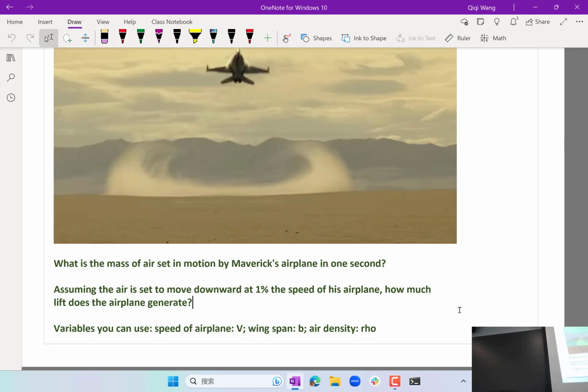We know the velocity, we know the density, and we just need to know the time, which goes into the delta. So we need to know the air momentum. We want to find the mass of air per second. Yeah, right, so per second.